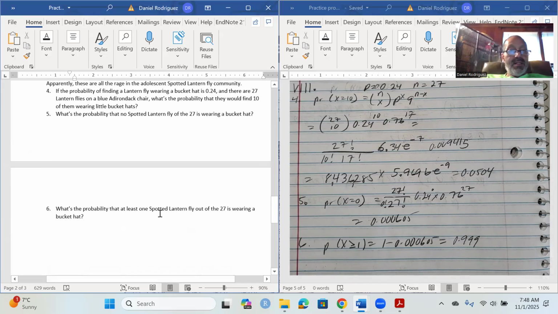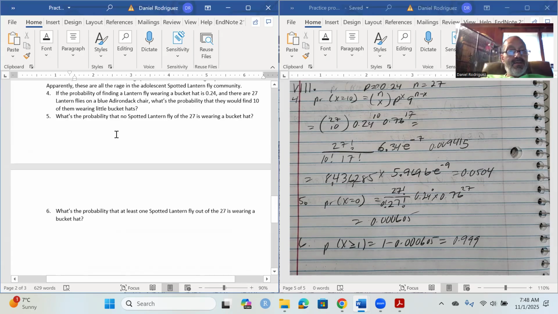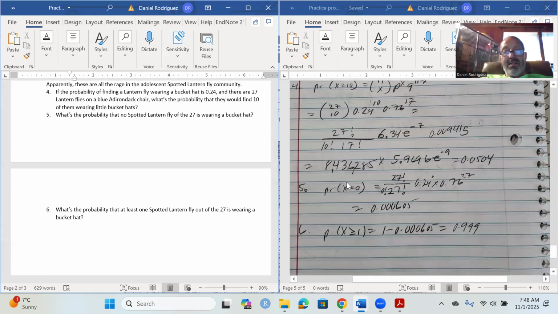What's the probability that no spotted lanternfly of the 27 is wearing a bucket hat? Okay. So that's the probability that x is equal to 0. So that's an easier one to calculate. This coefficient is always going to equal 1, right?